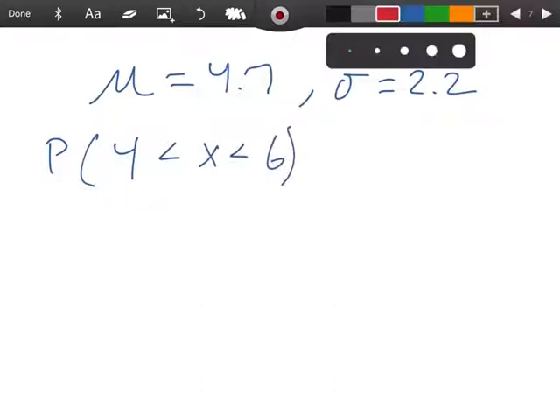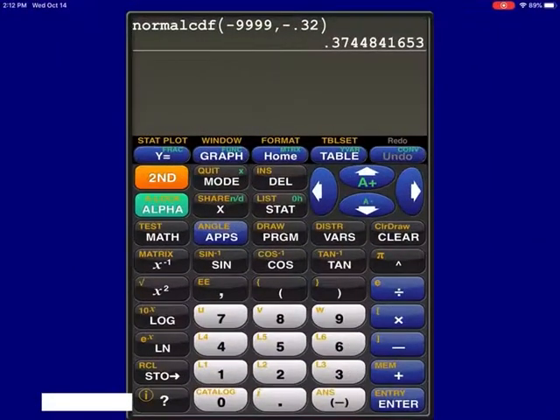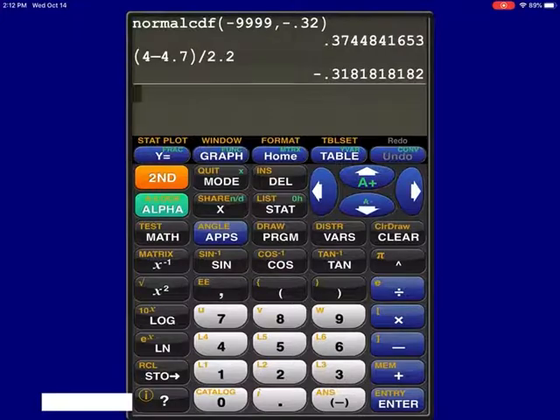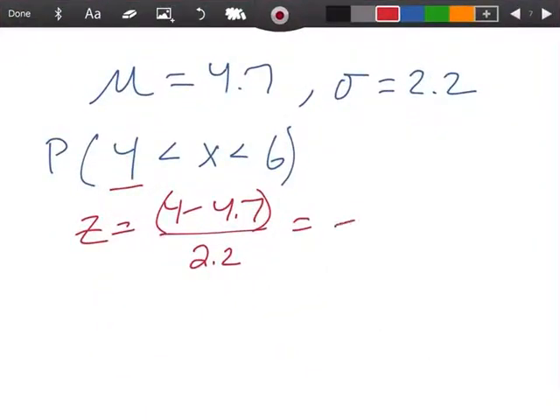Okay. So I'm going to do the same thing we did here. We're going to find our z value when x is 4. So 4 minus 4.7 divided by 2.2. Okay. So let me do this part on my calculator. Let's go 4 minus, oops, I forgot to do parentheses. 4 minus 4.7 divided by 2.2 is negative 0.32, okay?